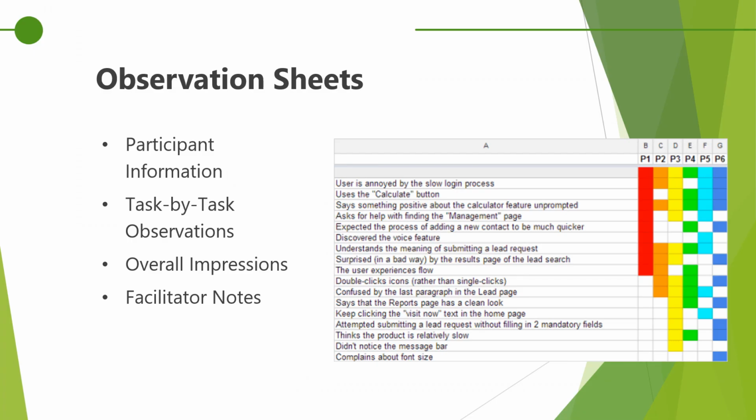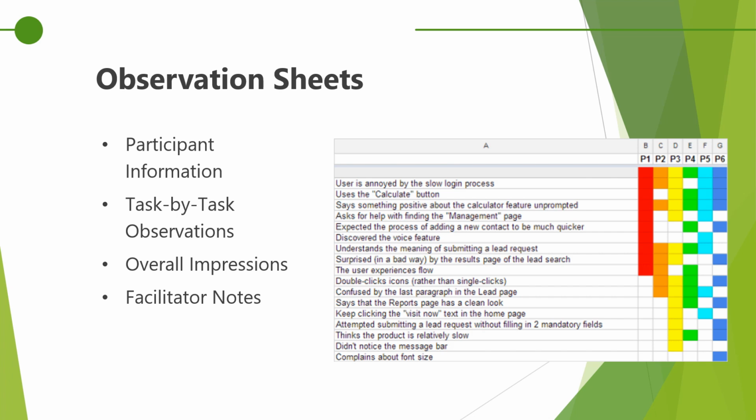And then there's your observation sheets. So you want to have a section to record basic participant data, like their age, their gender, their occupation, and so on and so forth, for better context when analyzing the results. You want to have task by task observation. So you want to create a section or columns to document participants' behavior, their success, their difficulties, their comments, and their feedback for each task.